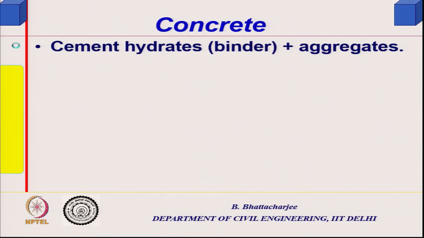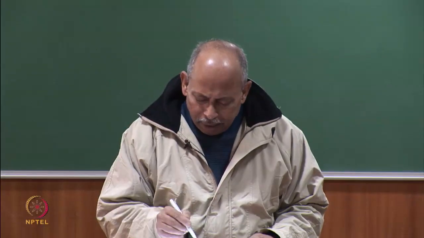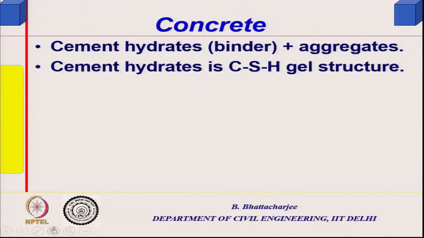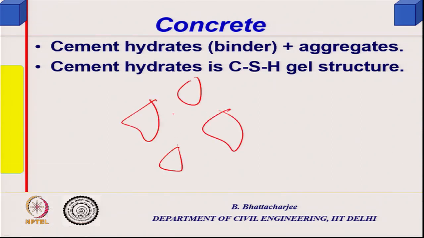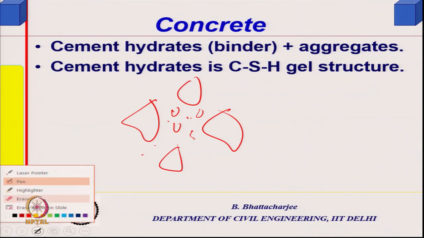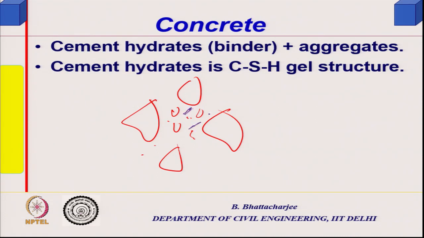It is a particulate system, and basically you have something like this: particles of different sizes, finer sizes, and inside there will be hydrated paste, cement hydrates. Well, you can have something called epoxy concrete.